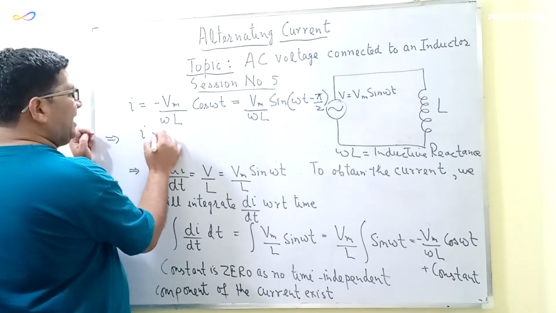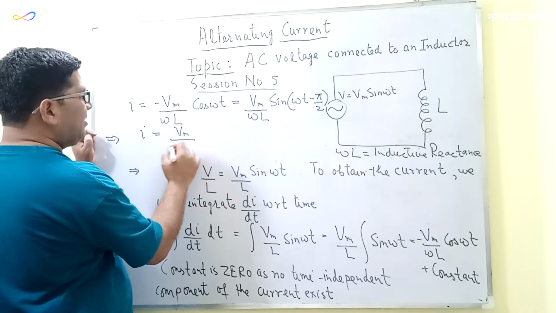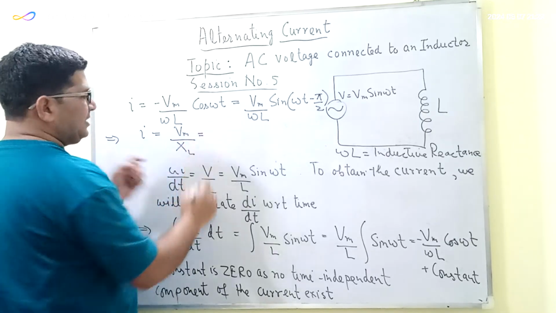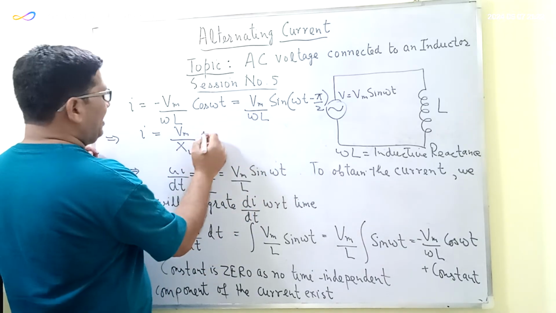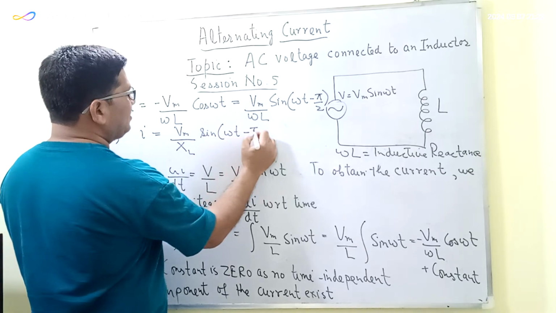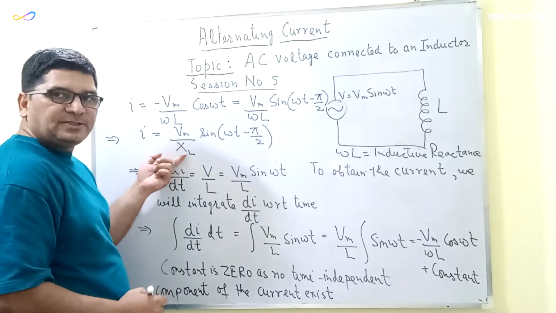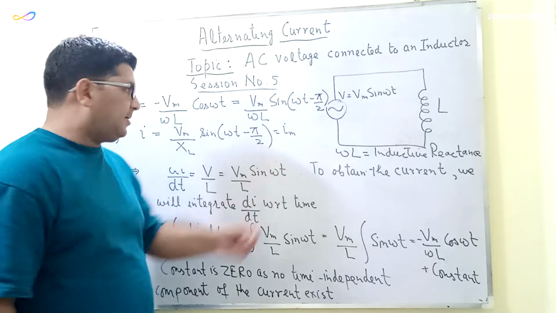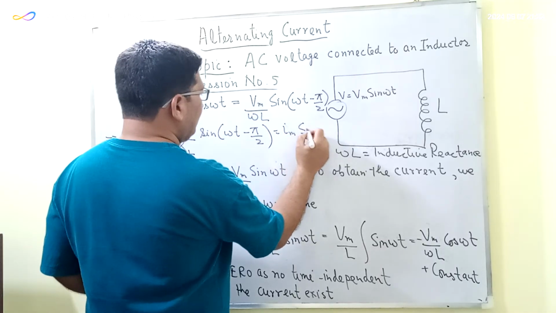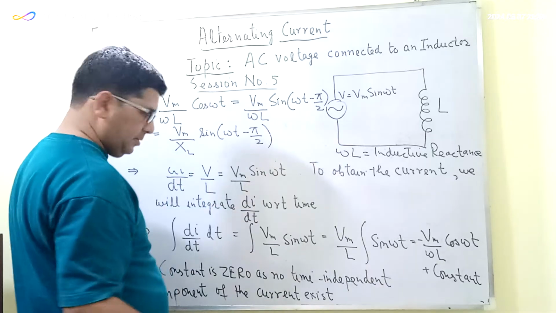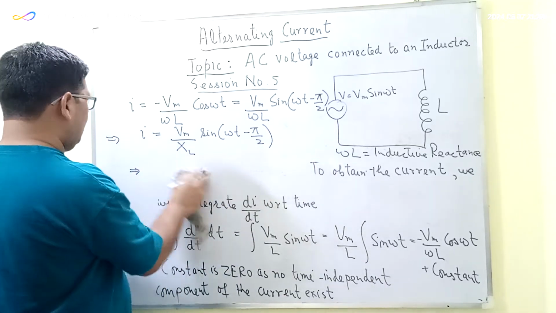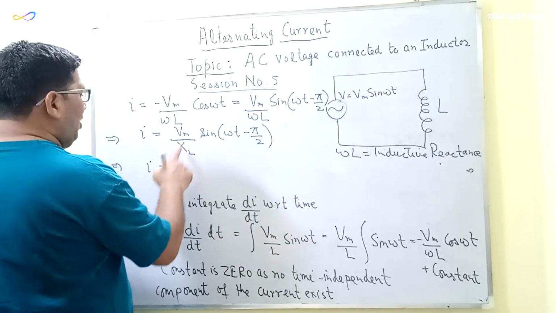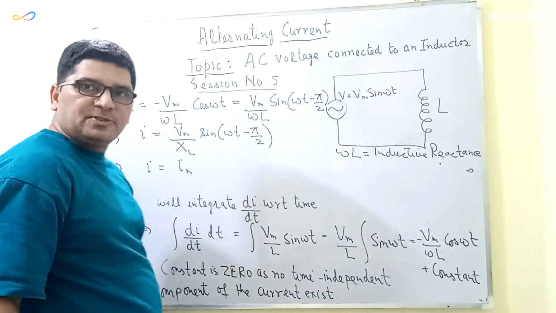So I can write I equal to Vm divided by ωL, and ωL is basically represented as XL, the inductive reactance, times sin(ωt − π/2). Now Vm upon XL is equal to Im, where Im is the amplitude of the oscillating current.